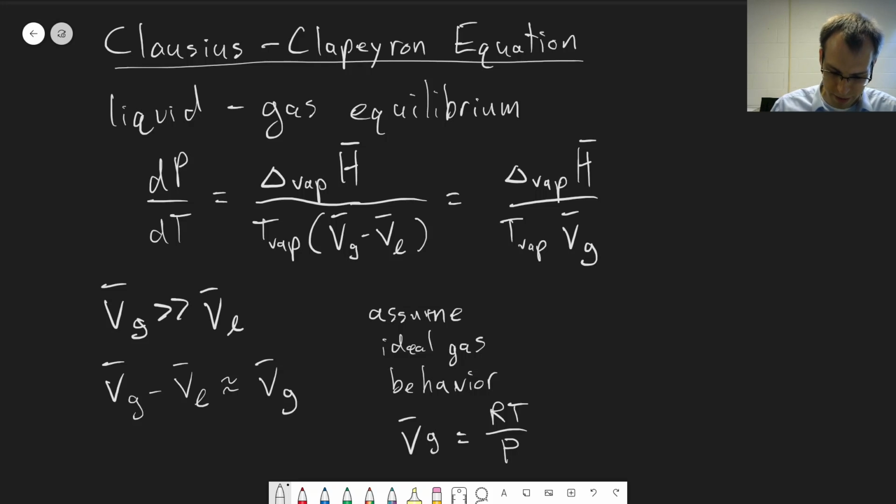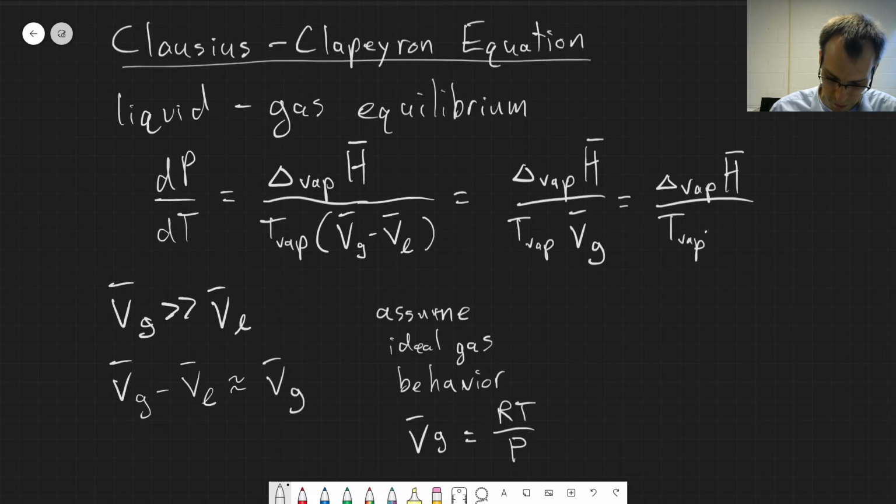Okay, and we can make that substitution. So delta H for vaporization, the molar enthalpy of vaporization, divided by T vaporization, times RT, and we're going to be at that same temperature for this, divided by P.